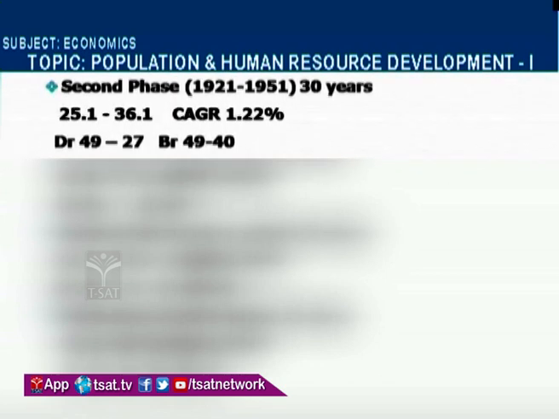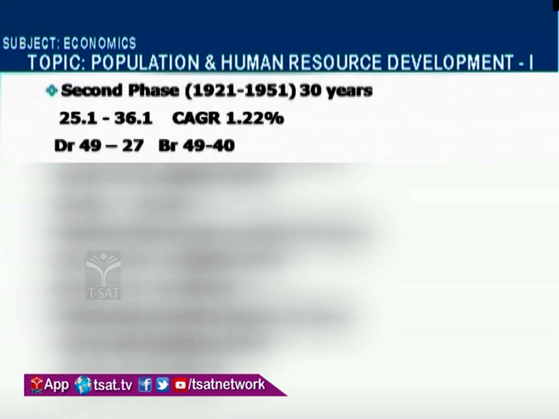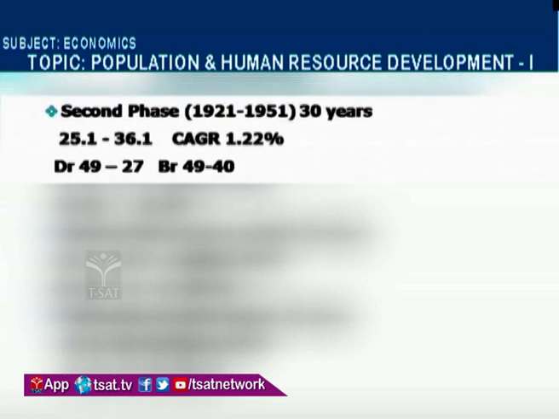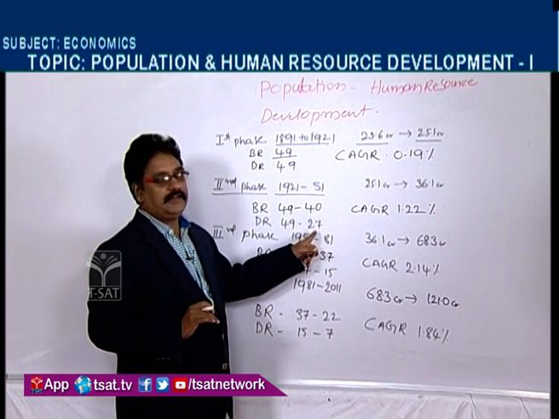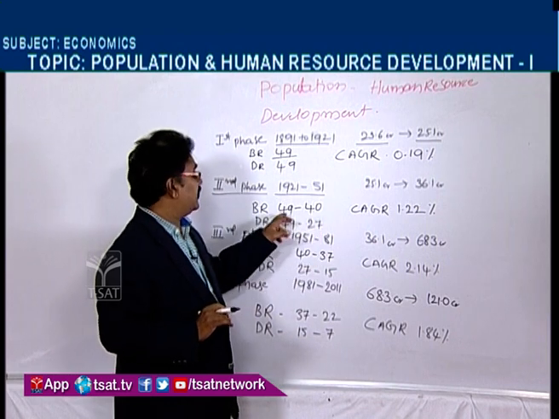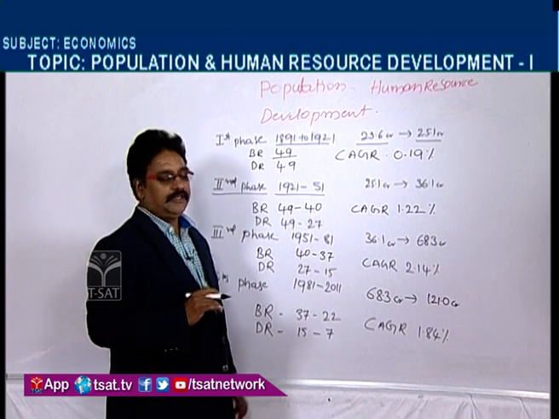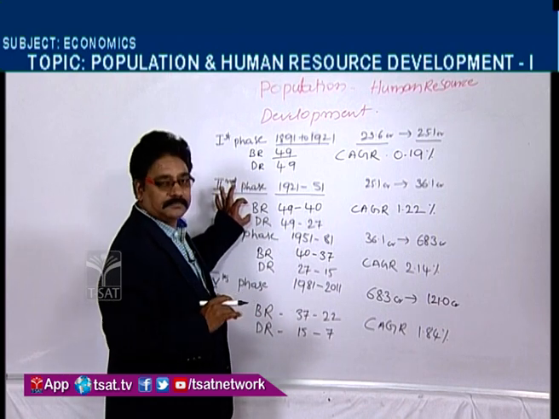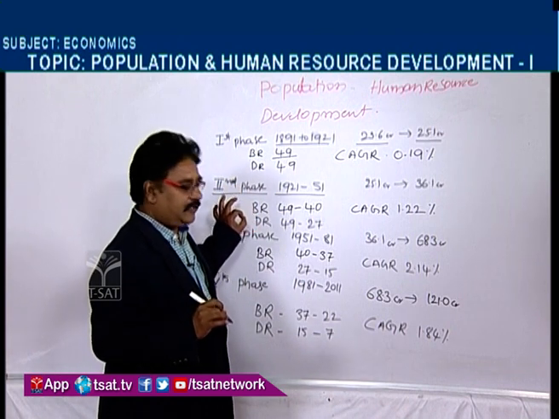Whereas in the case of death rates, it declined from 49 to 27. A considerable decline in death rate, but only 9 declined in birth rate. Due to that reason, population increased very rapidly.